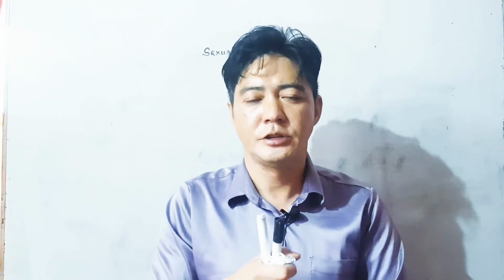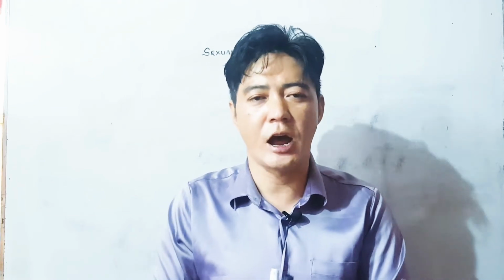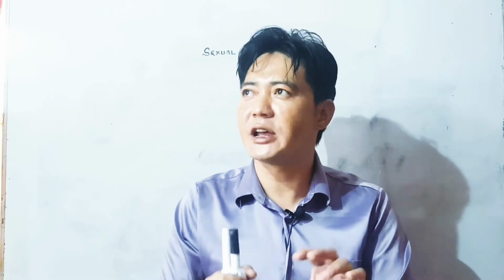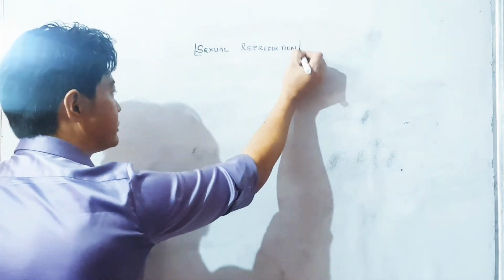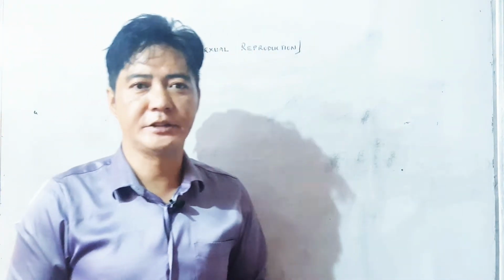In sexual reproduction, two individuals are required, or more precisely, it occurs with the fusion of male and female gametes. How does it occur? It occurs with the help of fusion of gametes.